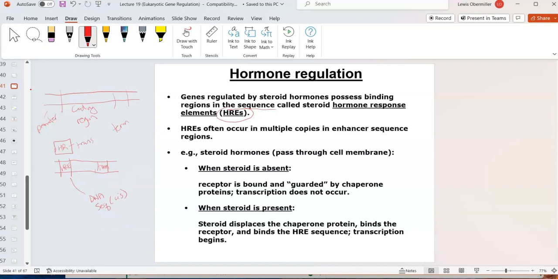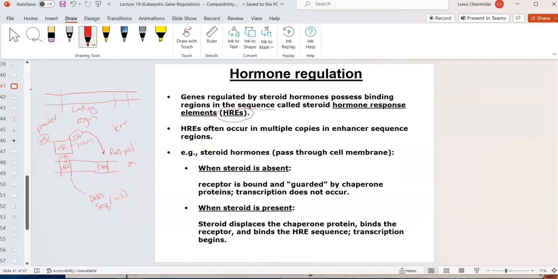And then that protein is going to have a DNA binding domain, so that DNA is going to bind here. It's going to have a transcriptional activating domain, so that's going to help the RNA polymerase turn on the gene. It's going to have a hormone binding region as well, like so it would bind estrogen or testosterone.